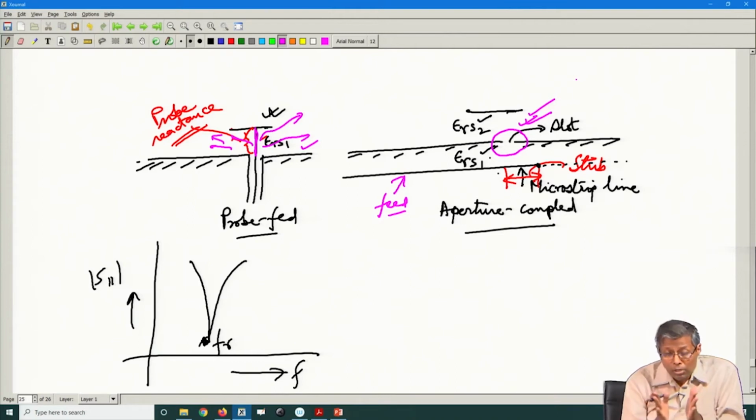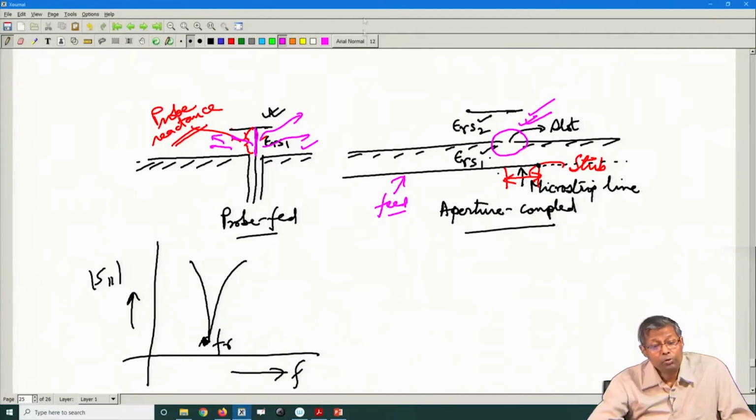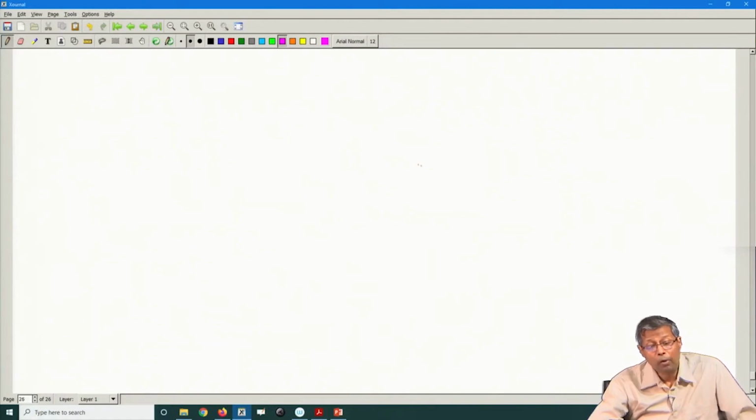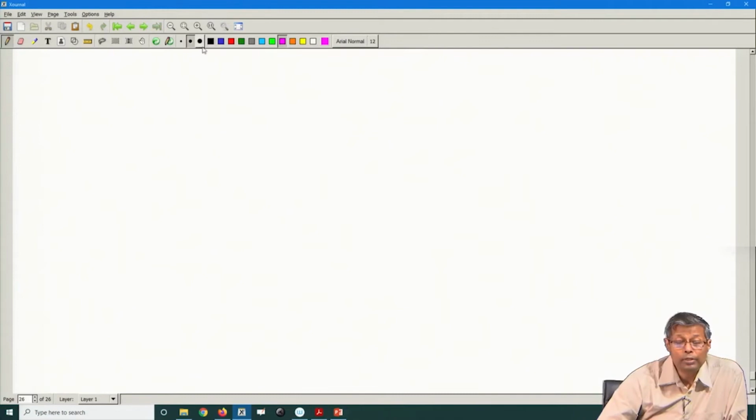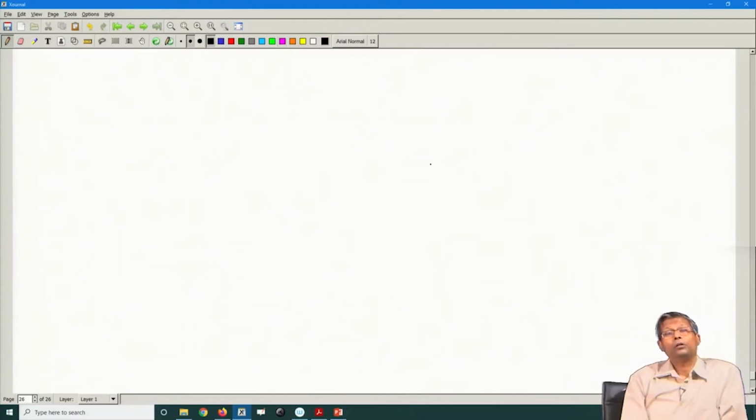Okay. So, the resonance behavior plays a very important role in the practical implementation of circuits. I will now describe the concept of power flow, as we were discussing, the real part of E cross H star.